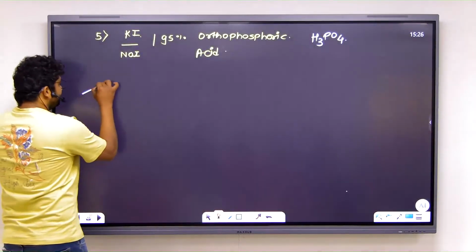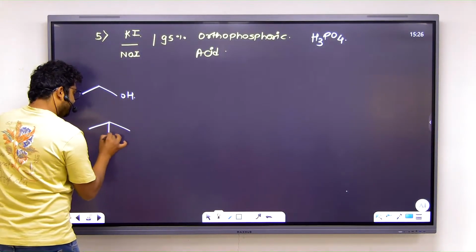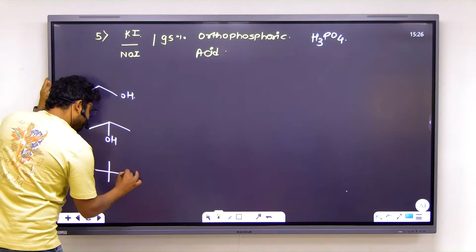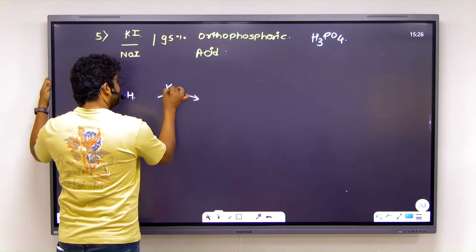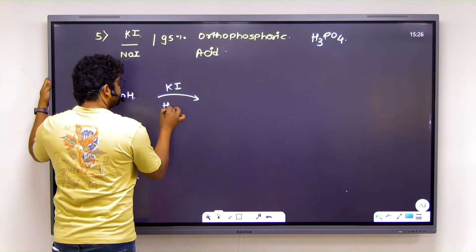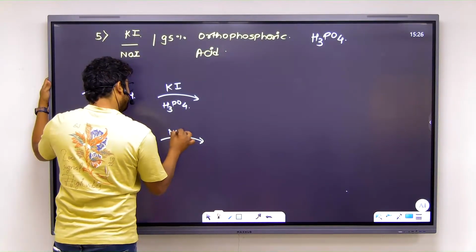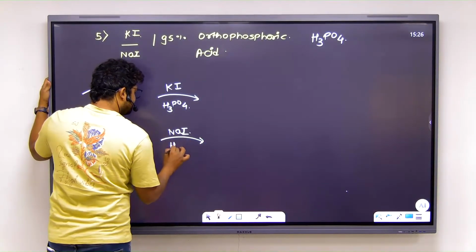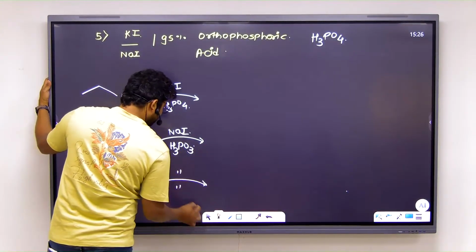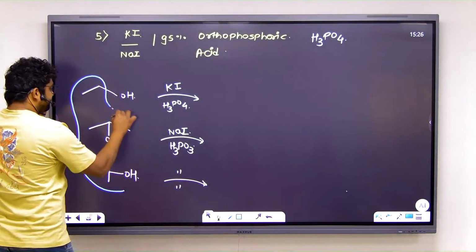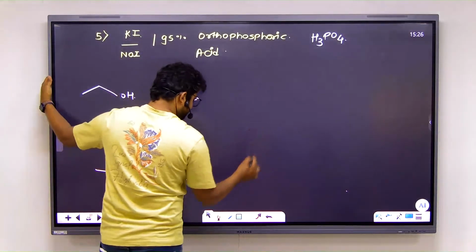Iodide. So any alcohol you have, this is your ethanol, this is your isopropyl alcohol, this is your tertiary butyl alcohol. When you have this KI in presence of what? H3PO4, or you are using NaI in presence of H3PO4, then everyone along with this KI and what?